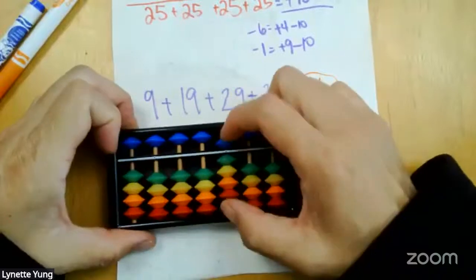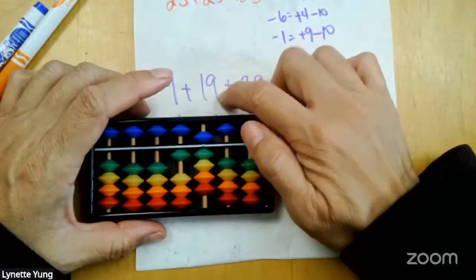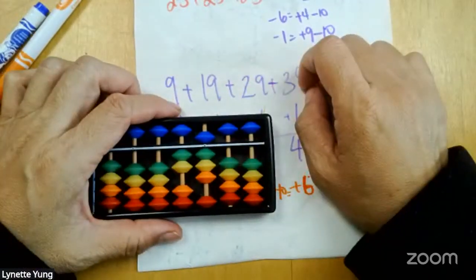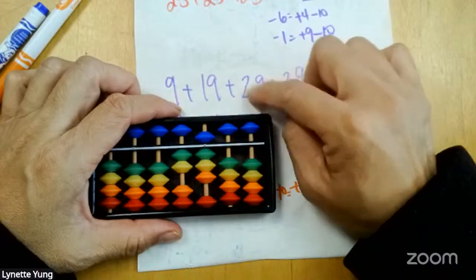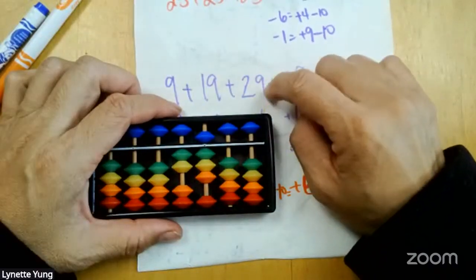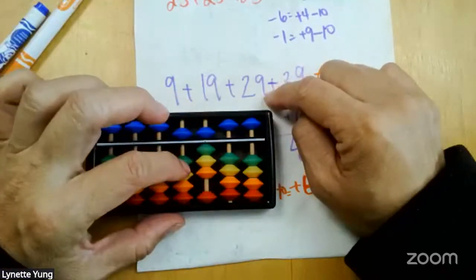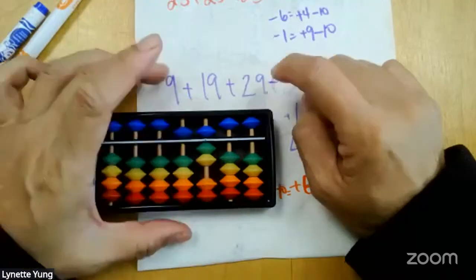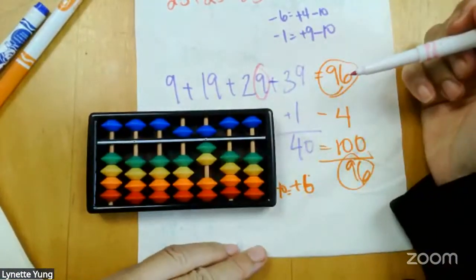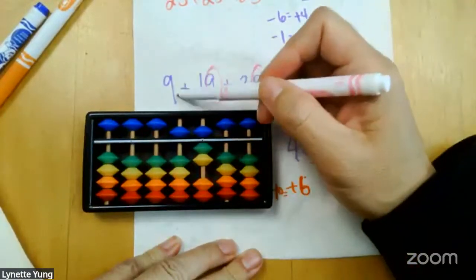So we have 9, and then we're going to add 19. So there's the 9, and then we add the 9 plus the 10 minus the 1. It's the 9 that changes everything. So we plus 20 plus the 9 plus the 10 minus the 1. It's this one that pushes it over.